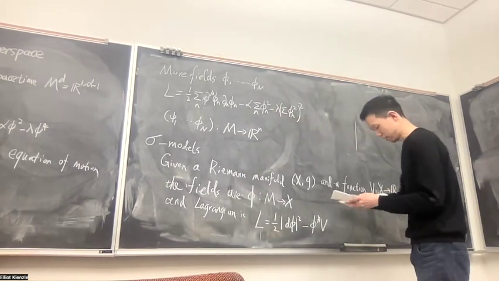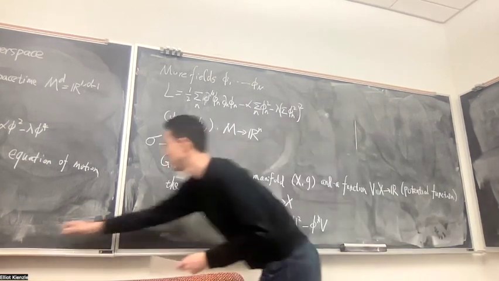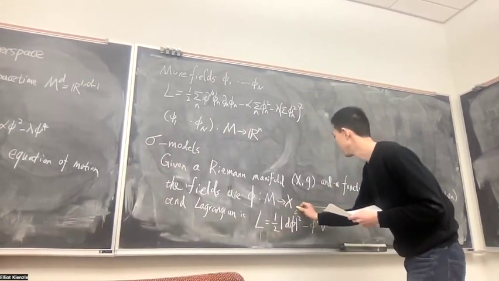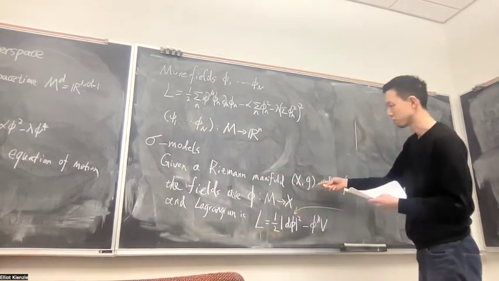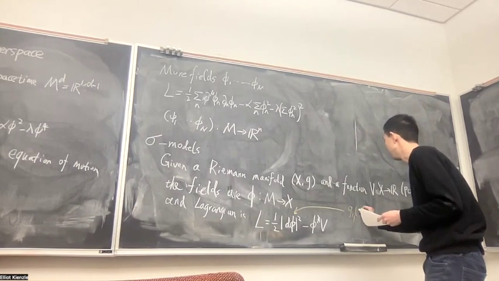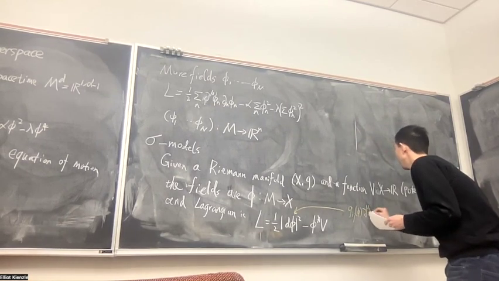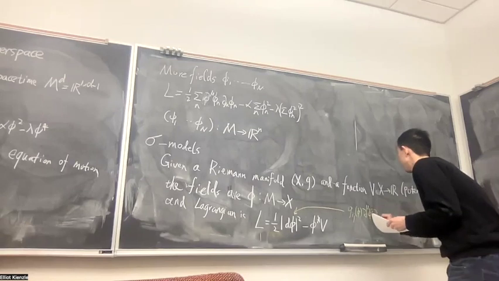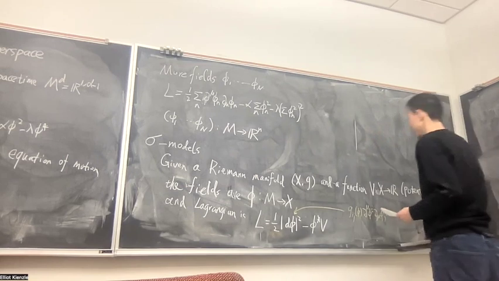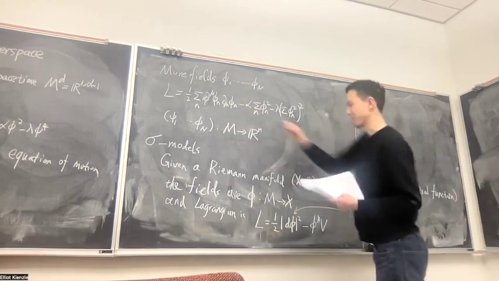This term here is where you use the Riemannian metric. So in local coordinates, this is G_ij of phi, and I'll show you. And you see, it's a direct analog of terms like this.